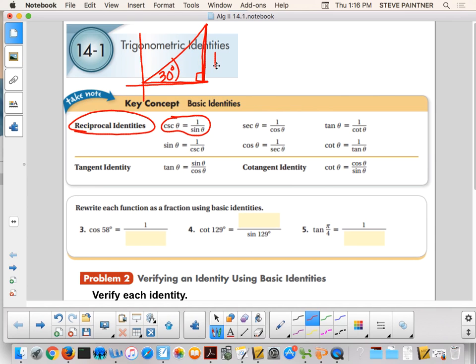Oh boy, you guys seem like you forgot from yesterday. If this is 30, this is 60, what's the leg? Square root of 3. What's the hypotenuse? 2. I'm trying to prove this one works. Would you help me out here and tell me what is sine of 30 degrees? Look at the triangle.